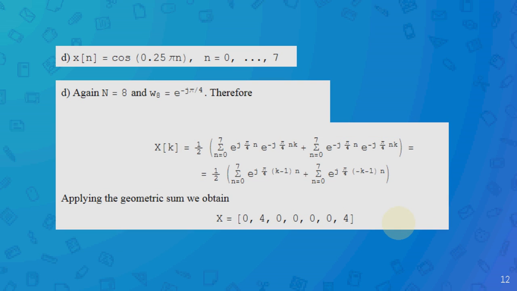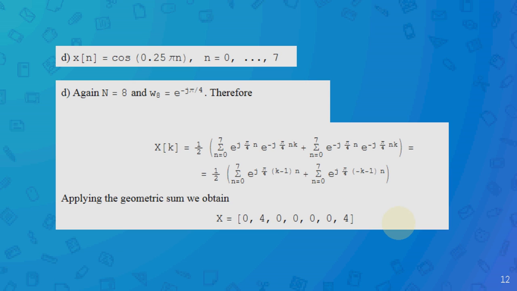Next example, x of n is equal to cos of 0.25 pi n for n equal to 0 to 7. So here N is equal to 8. So again the twiddle factor is e raised to minus j 2 pi by N. Therefore expand the equation. X of k is equal to summation n equals 0 to N minus 1 of x of n e raised to minus j 2 pi kn by N. So here x of n is cos of 0.25 pi n.